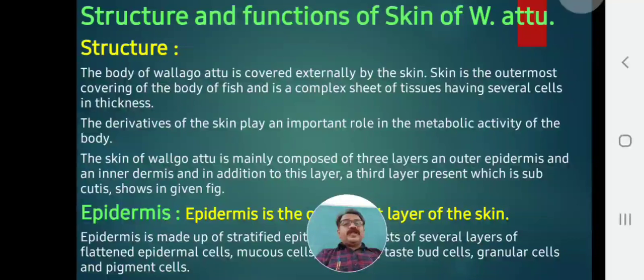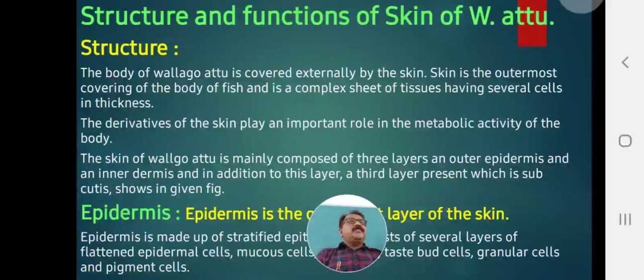The skin of Wallago is mainly composed of three layers: an outer epidermis, a middle or inner dermis, and in addition to the epidermis and dermis, a third layer is present.